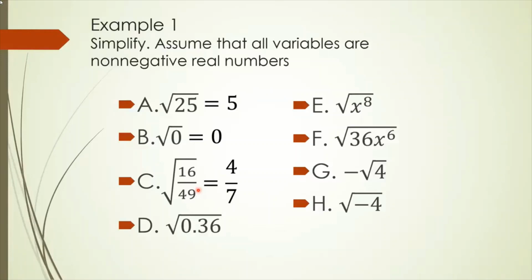You can even type some of these on your calculator. So you can do the square root of 0.36 on your calculator, and you'd get 0.6. Or you can ask yourself, okay, what times itself will give me 0.36, and that would be 0.6. Now what about variables? Like the square root of x to the 8th.